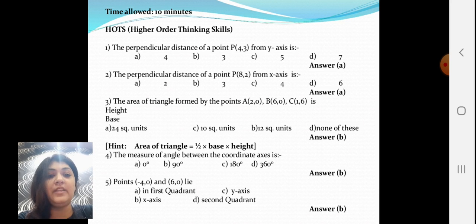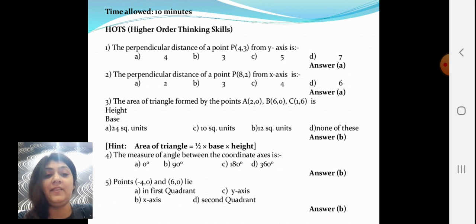The measure of the angle between the coordinate axes is 90 degrees because they are mutually perpendicular to each other. Points (-4, 0) and (6, 0) lie in which quadrant? Of course, the ordinate is 0, so both of them lie on the x-axis.